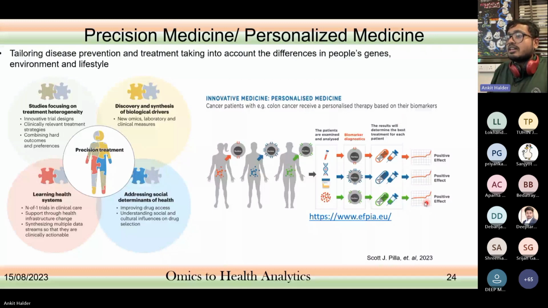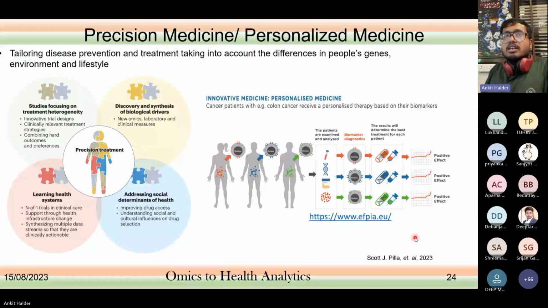But if this drug is administered to these two persons, then you will not get any effect, and resistance develops, for example in cancer. A very classical case was breast cancers, where drugs used for a particular receptor did not work on other patients. So this is what we should look for through these omics studies.